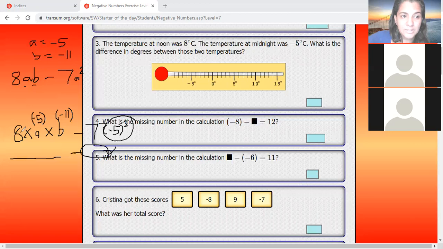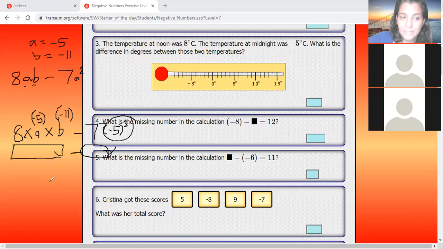How do you do this? Negative and negative is positive. So your total answer here is going to be 8 times 5 times 11. Use your calculator. 8 times 5 is 40. 40 times 11. Okay, and then minus 7 times 25. Negative 5 squared is 25.